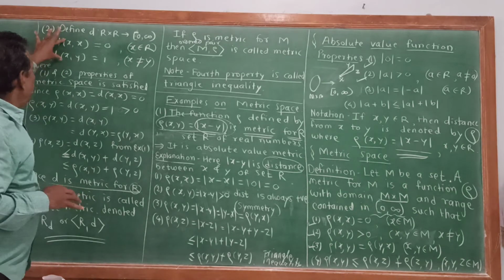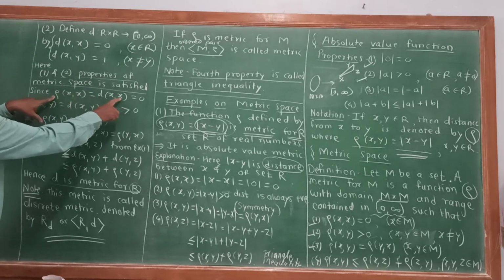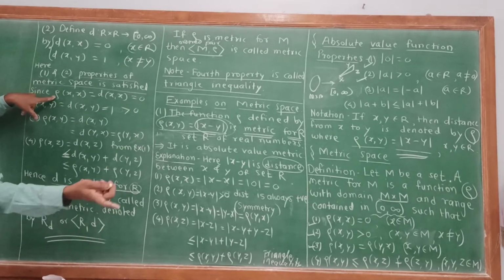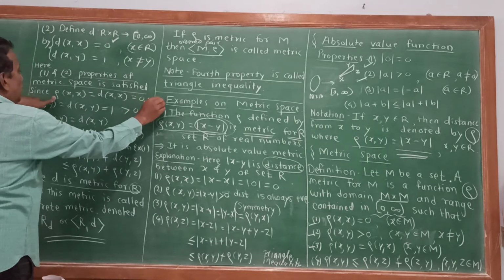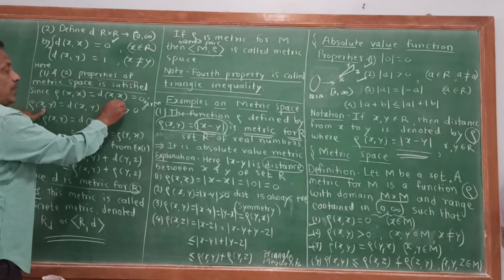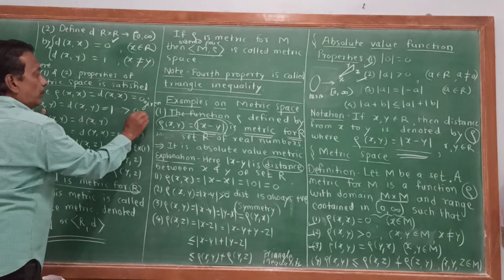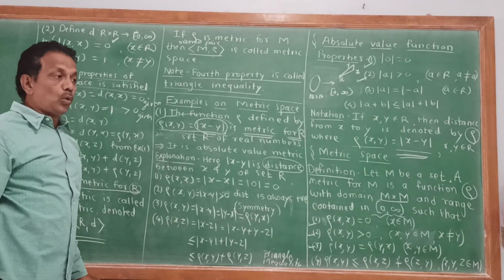Why? Because properties 1 and 2 of metric space are satisfied: rho of x x, meaning d of x x, is 0, given. And second, d of x y is 1, and 1 is always greater than 0. By given, we say that first and second property is true.